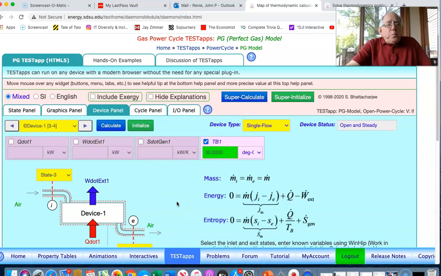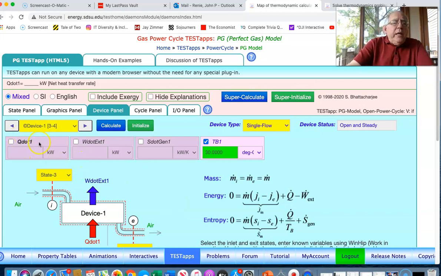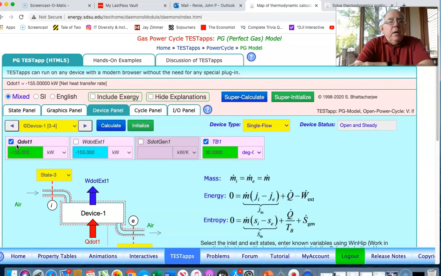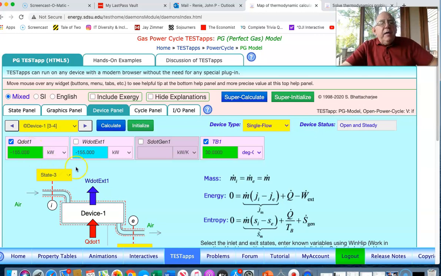Now, because we know the Q dot, we know that the Q dot for this is rejected, minus 155. Okay, so as soon as we put in minus 155, through the first law, since the temperature is the same, this term goes to 0. And we just have heat transfer is equal to work.